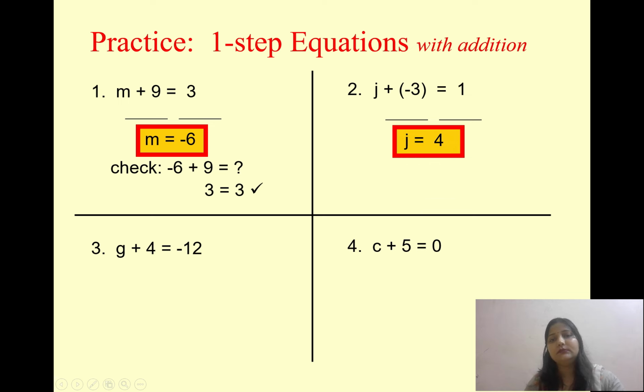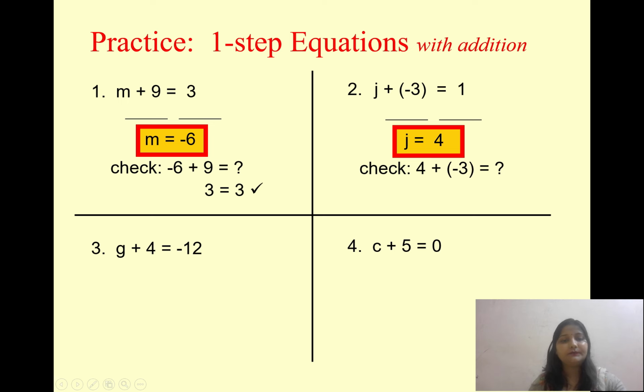Same here, the variable is j. Subtract minus 3 from both sides and you will get the same answer. We will do the opposite: if minus 3 is here, we will add 3 to find the value of j.